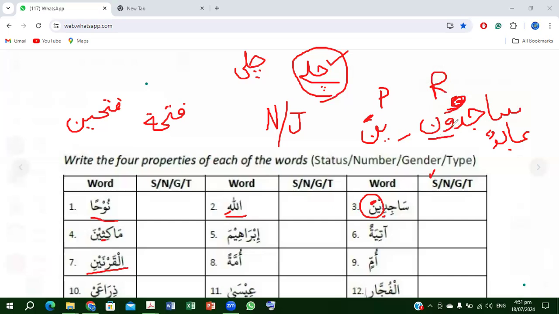But if we change this wow noon into ya noon, then the status is nasab and jar, both same. In both statuses this will be ya noon, but this will be sajidina with kasra.